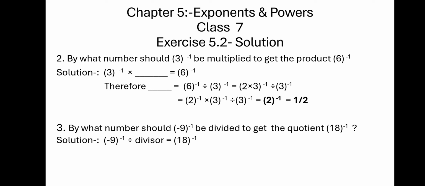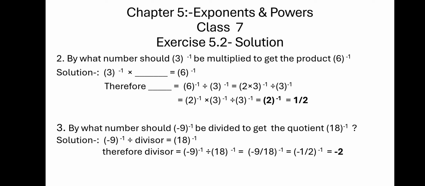So the dividend is negative 9 raised to the power of negative 1, divided by divisor equal to quotient, which is 18 raised to the power of negative 1. So when you have to find the divisor, we will have to divide the dividend by the quotient, and therefore negative 9 raised to the power of negative 1 divided by 18 raised to the power of negative 1.